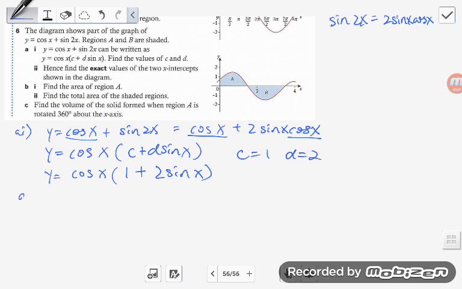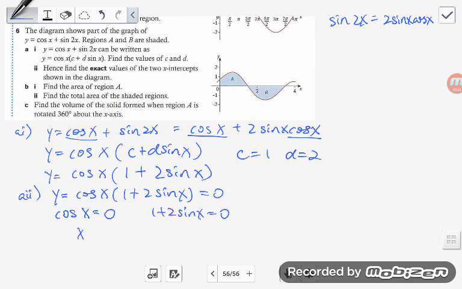Now for A part 2, they want us to find the exact values of the x-intercepts. Now that this is in factored form, x-intercept means y is equal to 0, so I'm just going to make this whole thing equal to 0. It's either cosine x is equal to 0, or 1 plus 2 sine x is equal to 0.